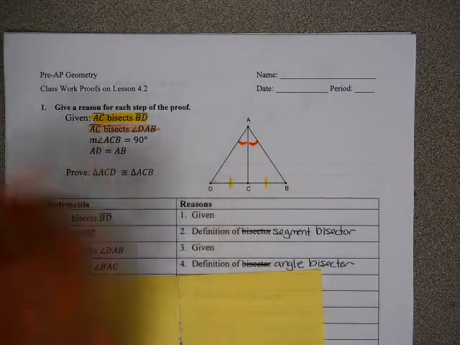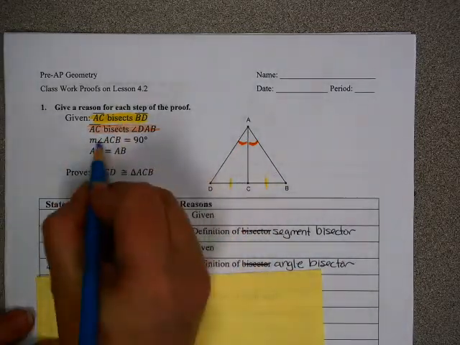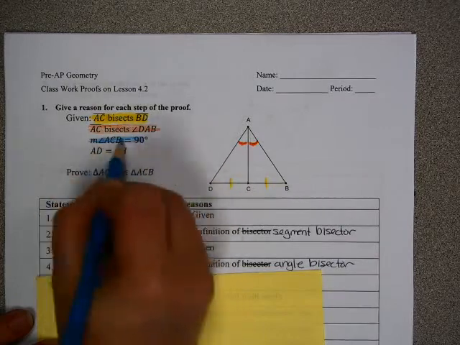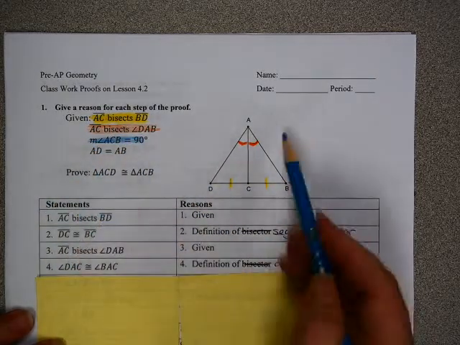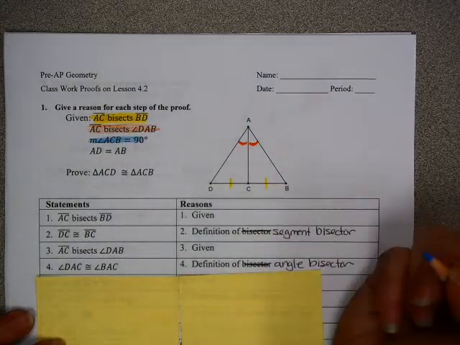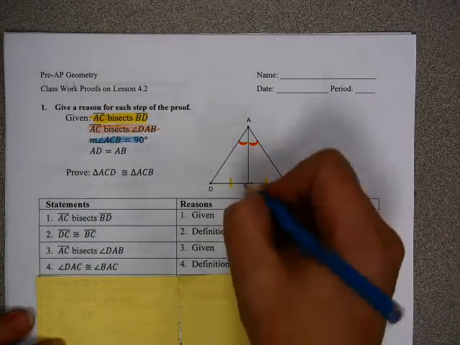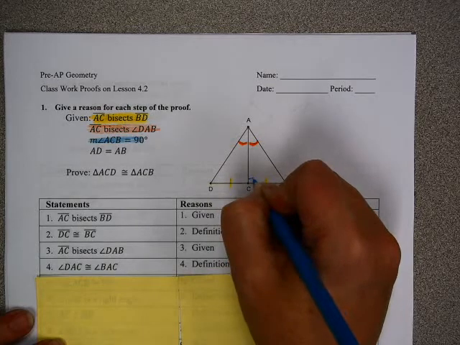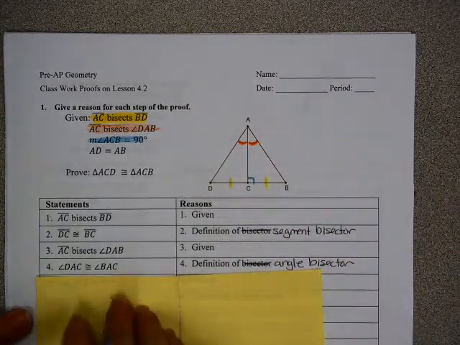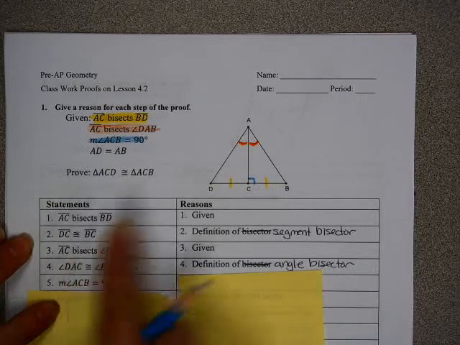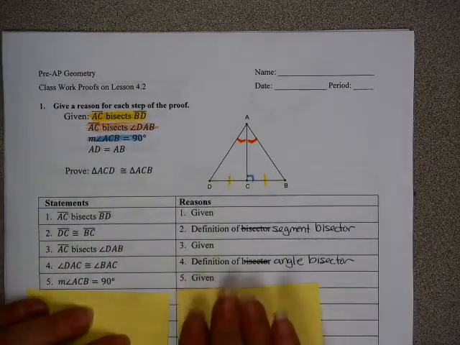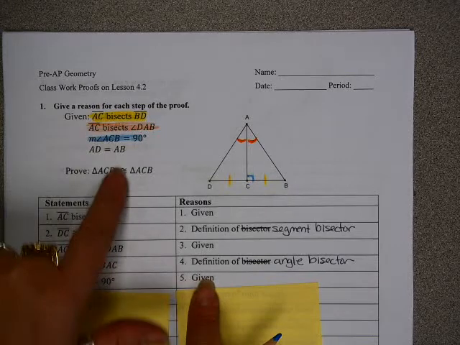So in blue, I'm going to mark, it says measure of angle ACB. ACB is 90 degrees. We mark 90 degrees with a right angle mark, like so. I get to put this given statement in my T-chart because it was one of the given statements.